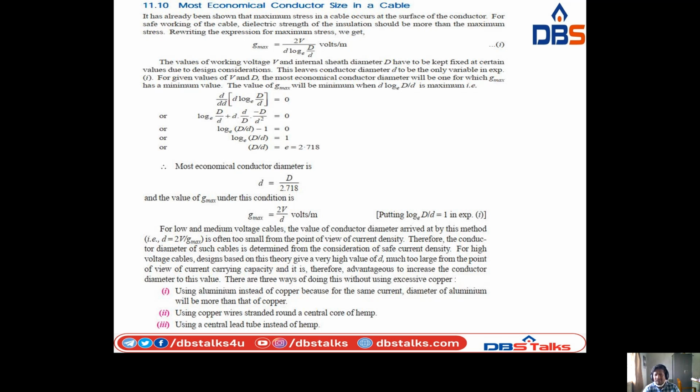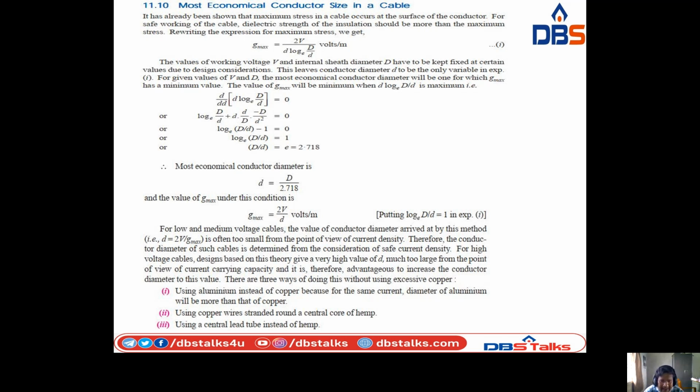Now we know G maximum is 2V by d log D by d volts per meter. To get the most economical conductor, you have to differentiate the above equation with respect to the diameter of the conductor. So differentiate the denominator and equate it to 0, that is enough.